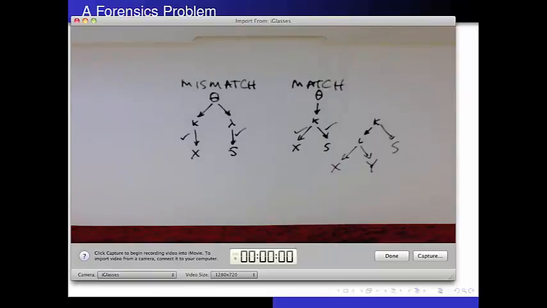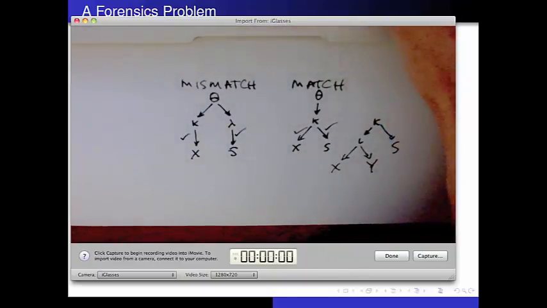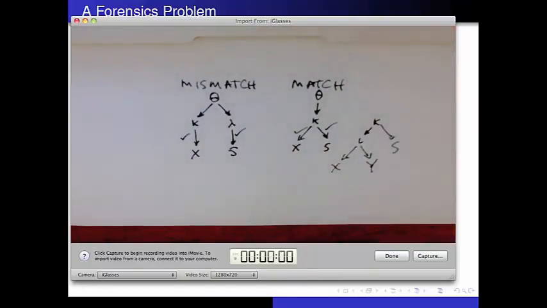Questions about this? In the equation, yes, what's going to happen is you're going to have terms that you could cancel in the odds ratio between the two models.